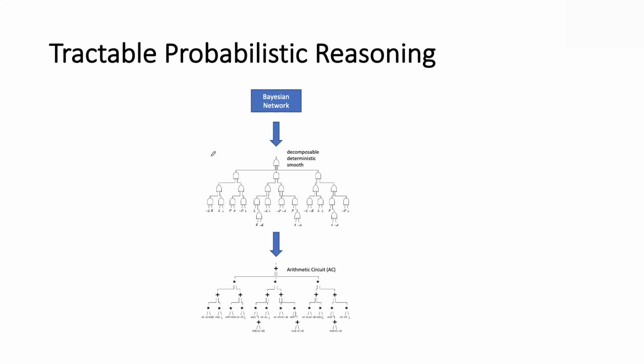You can take your Bayesian network, write out a Boolean formula as we discussed last time, compile it into a circuit that's decomposable, deterministic, smooth, extract from it an arithmetic circuit, and now you can do probabilistic reasoning in linear time on this guy. Pretty fantastic. And if you want to try this out, there is a system called ACE. And there are other systems, but ACE is a system available online, developed by one of our past students, Mark Chavira, who actually does exactly this.